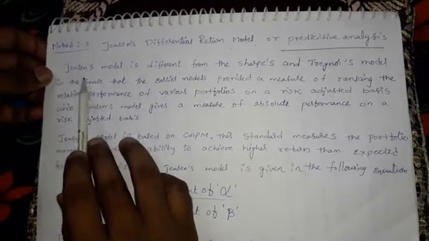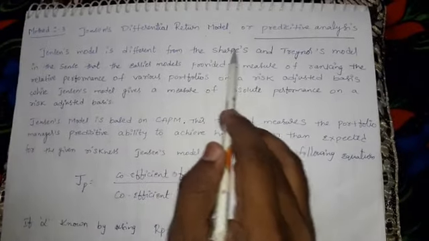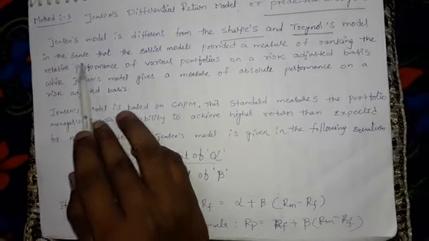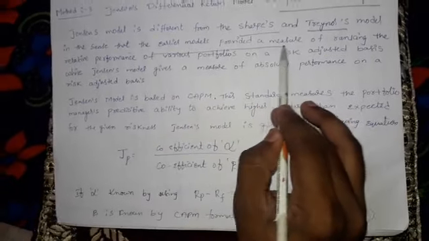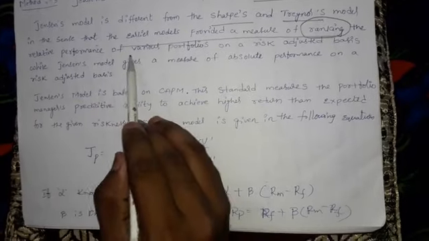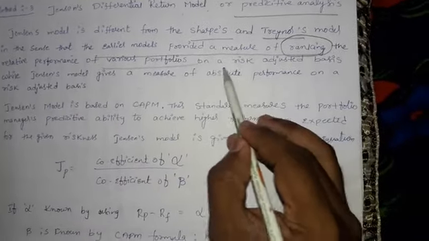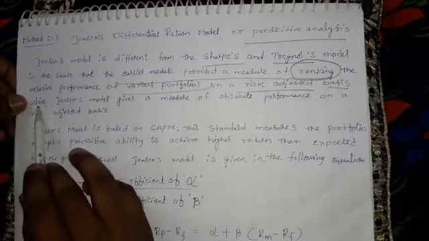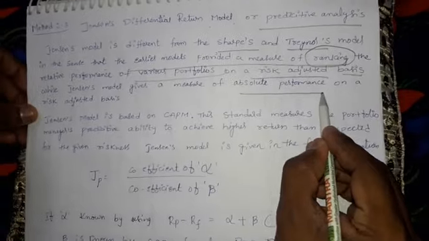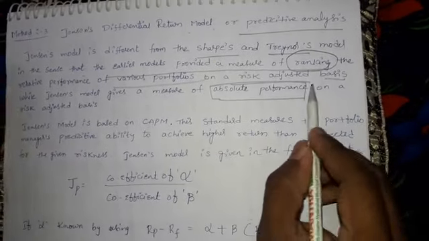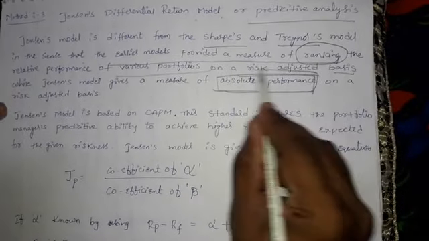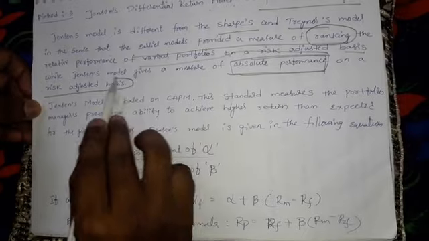In this model, Jensen's model is different from what we discussed earlier, that is Sharpe's and Treynor's models, in the sense that the earlier models provide measures based on rankings, the relative performance of the various portfolios on a risk adjusted basis, while Jensen's model gives a measure of absolute performance. The above two methods are relative performance. So this method is absolute performance on a risk adjusted basis, right?